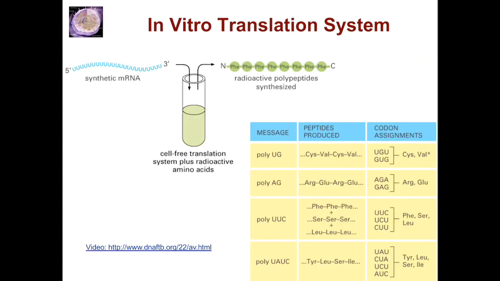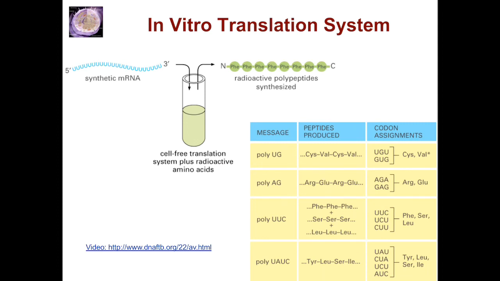So one of the major techniques that was determined after they figured out it was a triplet codon is they used the cytoplasms from a bacterial extract, and they put radioactive amino acids into the same test tube, and then they threw in synthetic messenger RNAs and then waited to see what types of polypeptides were going to be made from that synthetic messenger RNA. They didn't know what was in the translation system, but they knew it worked. And this actually led to the whole genetic code discovery.